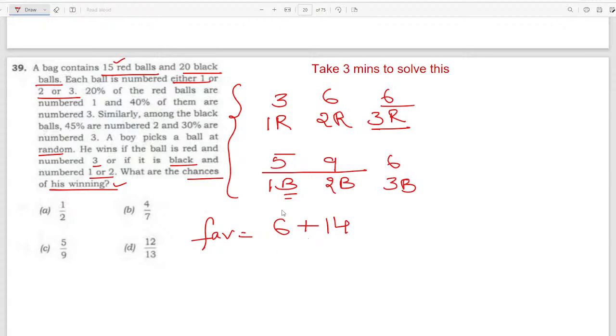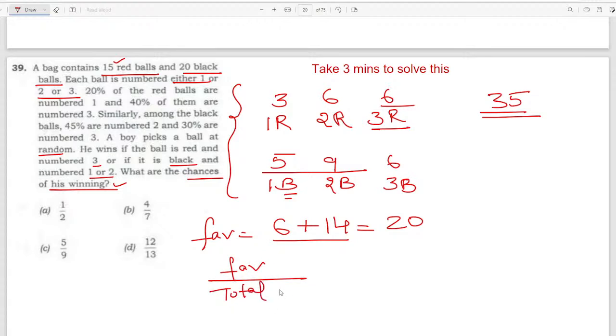Out of this, how many balls? 35 balls. If he picks any of these 6 plus 14 balls, that is 20 balls, he would win. So the probability is the favorable outcomes, 20, divided by the total outcomes.